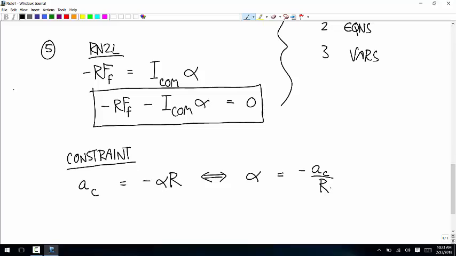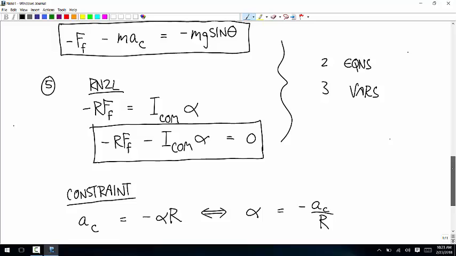We're looking for an acceleration of the center of mass, so I might as well substitute an expression using AC in for anything that has alpha. Okay, so let's rewrite these two equations.